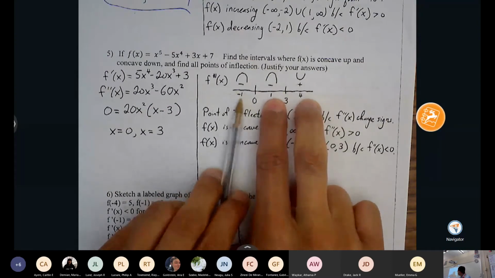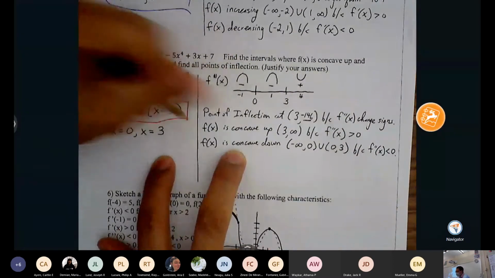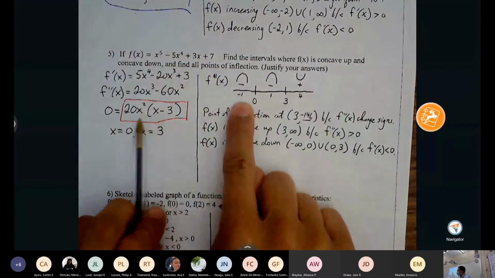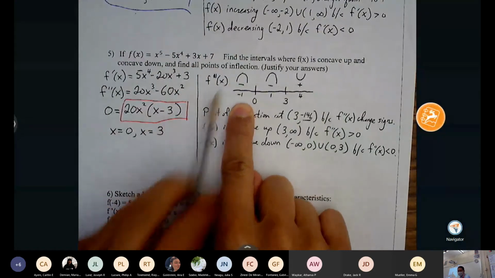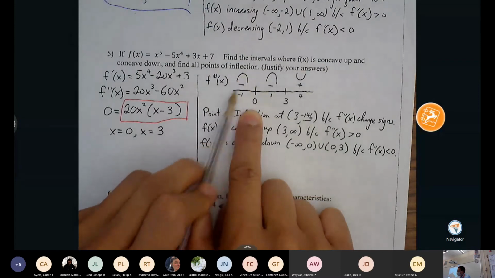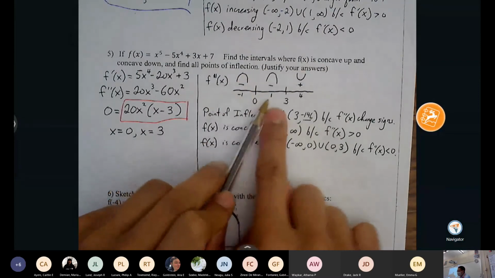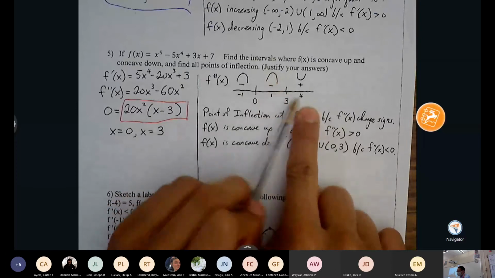But careful, these now go into my second derivative factored form, and I'm gathering information about positive or negative signs. If I plug -1 in, I get negative. But now negative doesn't mean decrease. Now negative means concave down, and positive means concave up.